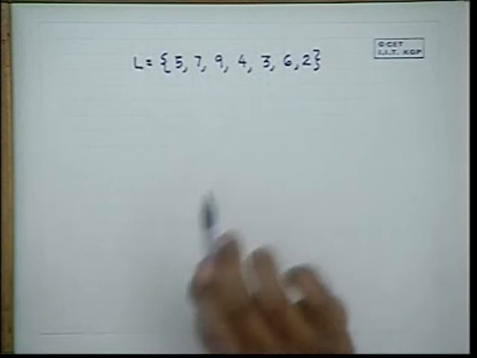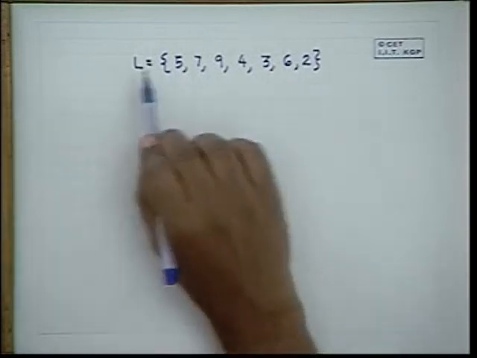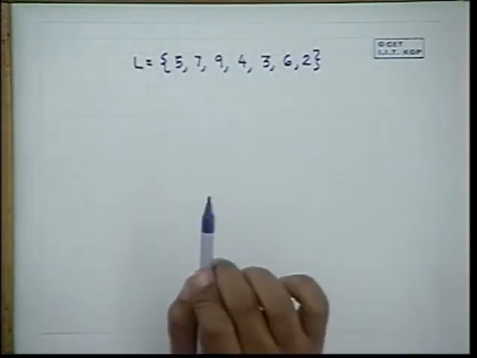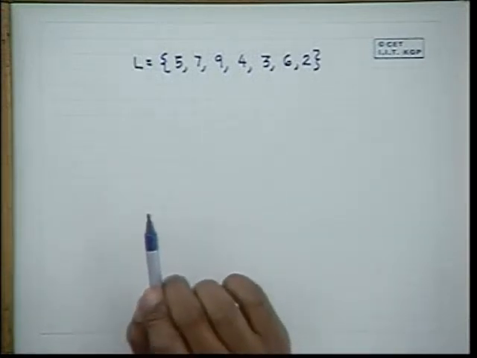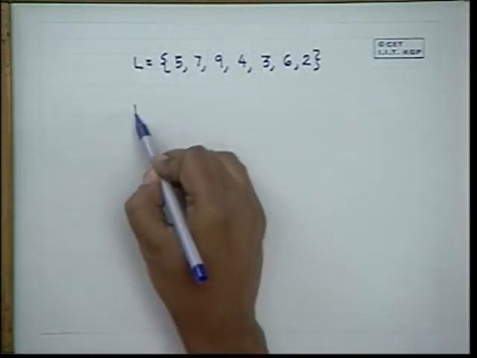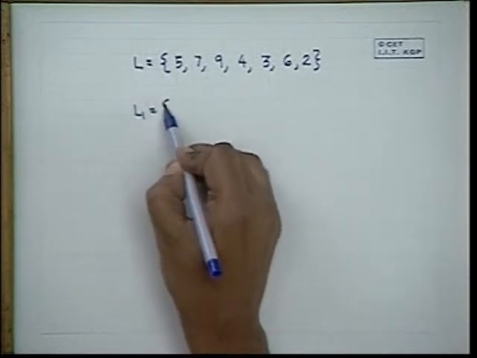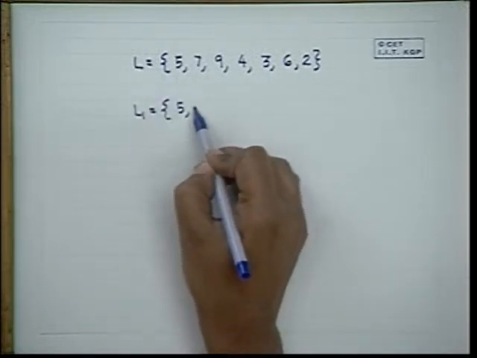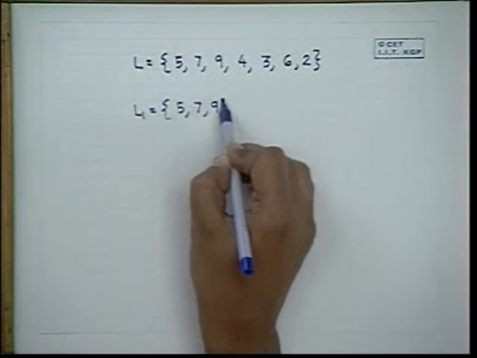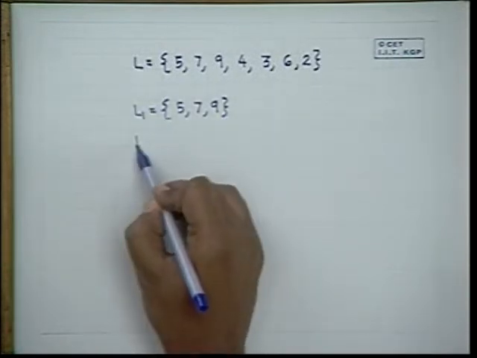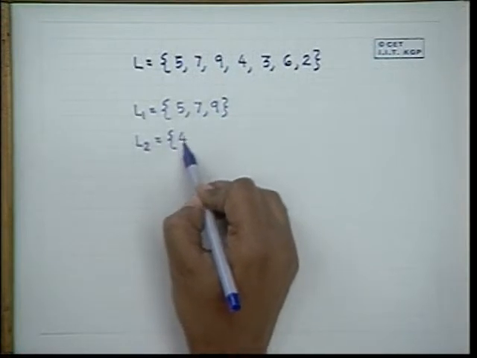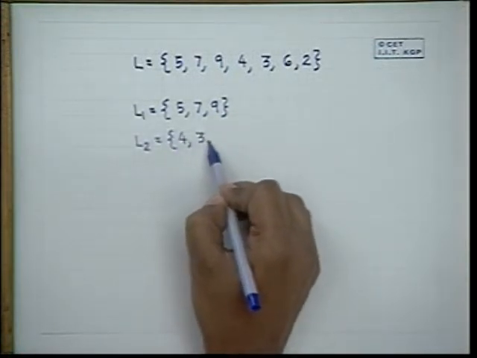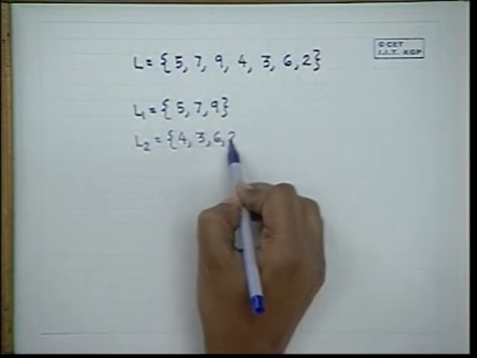I have to sort this, all right. I break up this list into two parts, any two parts which are non-empty. So I break up this list into two parts, L1, 5, 7, 9, and L2, 4, 3, 6, 2.